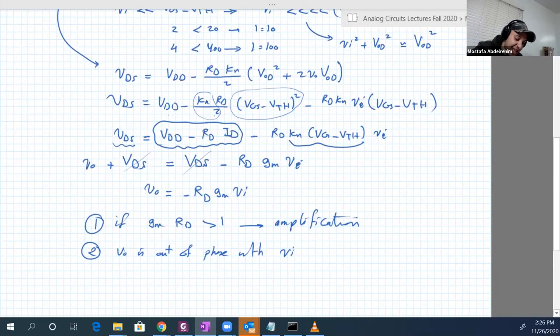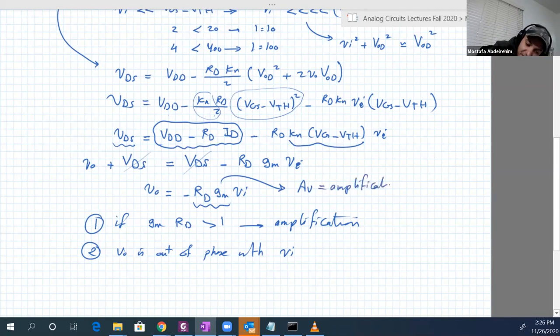And as we will see in the next lecture, this is actually the amplification, or to be more specific, the voltage amplification, assuming that we are not connecting a load RL.